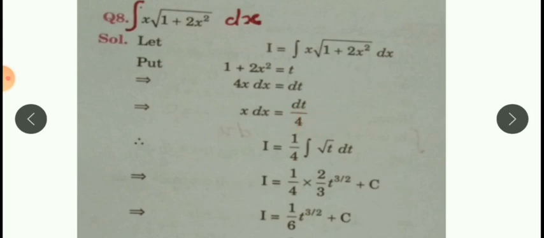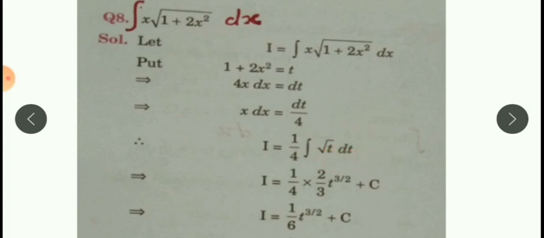Here substitute the value in this question. Here it becomes I is equal to 1 upon 4 integration, x dx is dt, then root 1 plus 2x square is root t. So I is equal to 1 upon 4 integration root t dt.